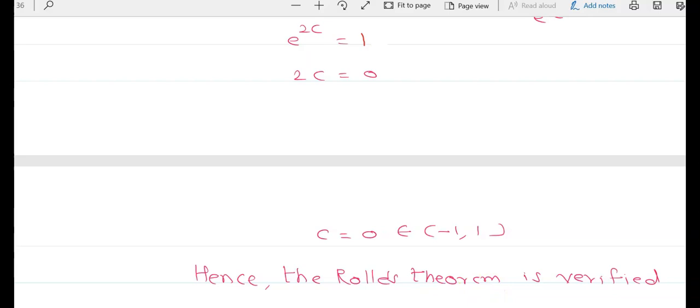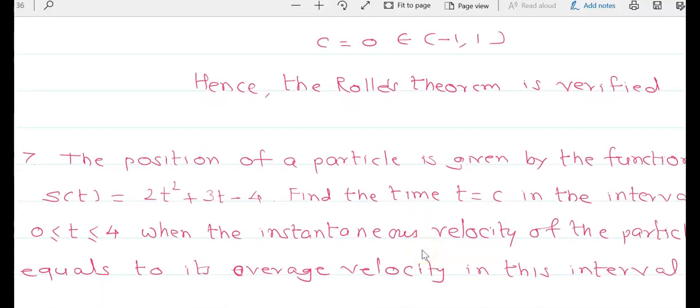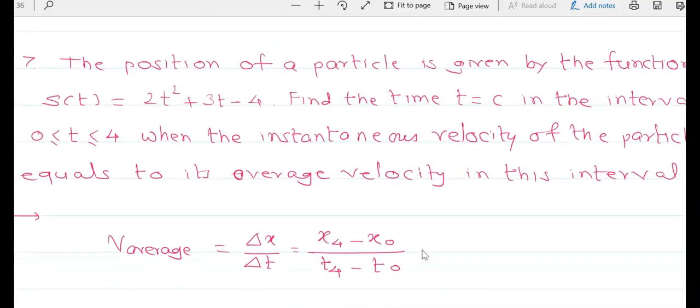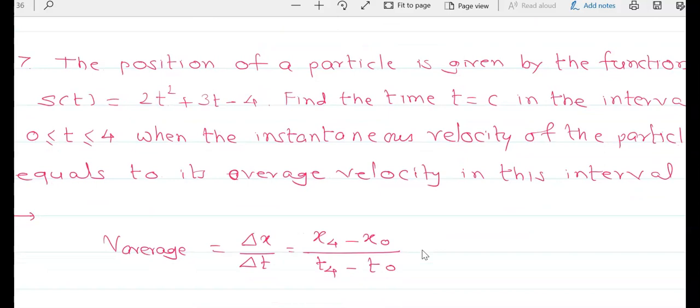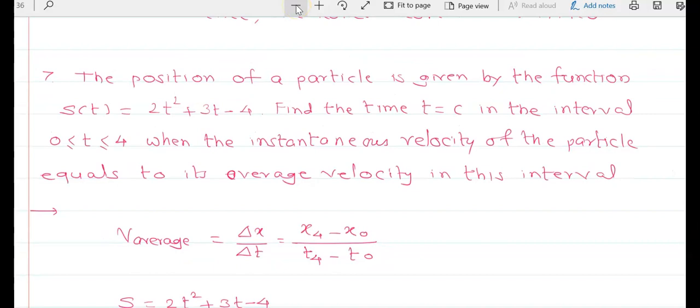Now the next is question number 7. The position of a particle is given by the function s(t) = 2t² + 3t - 4.